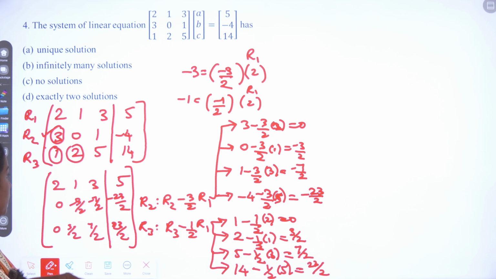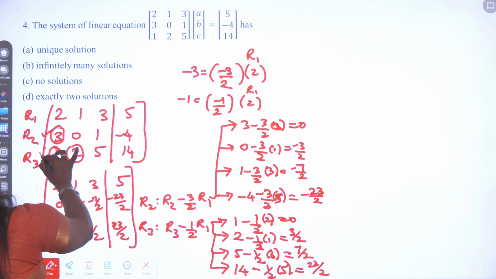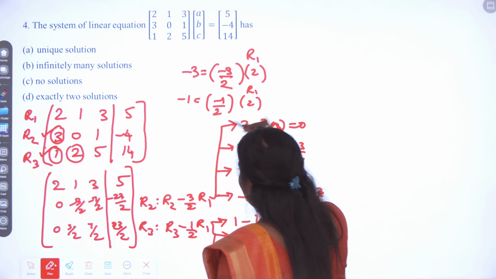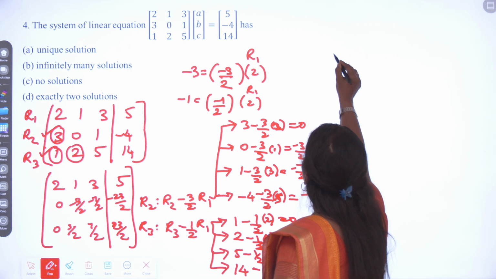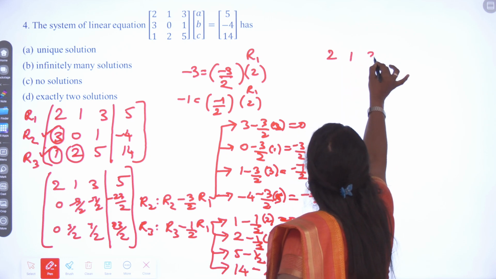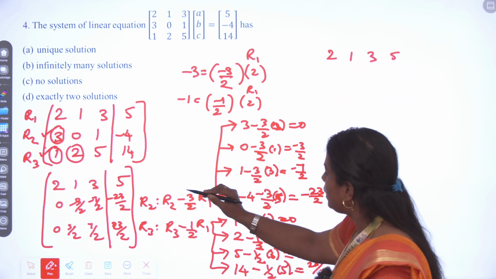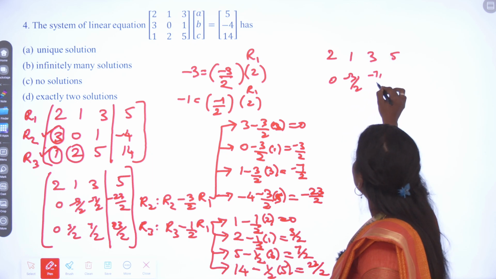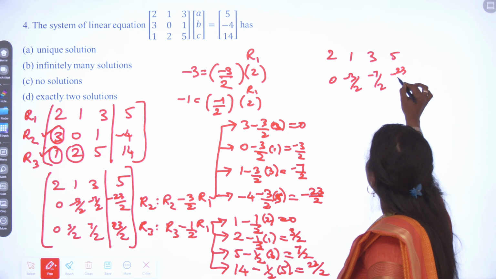Our aim is to convert this and this element to 0. As of now, we have converted these two elements to 0, and now we have to convert this element to 0 using R2. So the first 2 rows remain as it is: 2, 1, 3, 5, and then 0, minus 3 by 2, minus 7 by 2, minus 23 by 2.